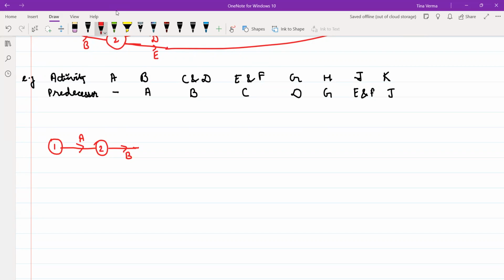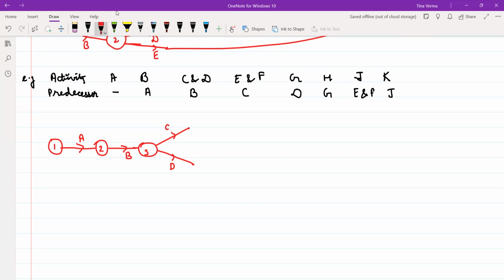For starting your activity C and D, I require my B should be completed. Is it clear? So from this direction, I can go either this is my C and this is my D. Is it clear? Yes or no?